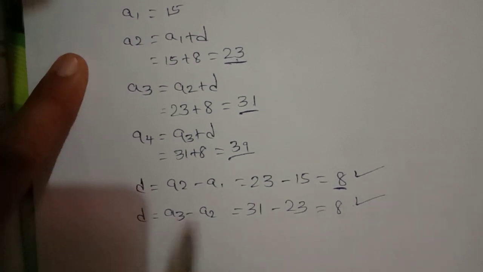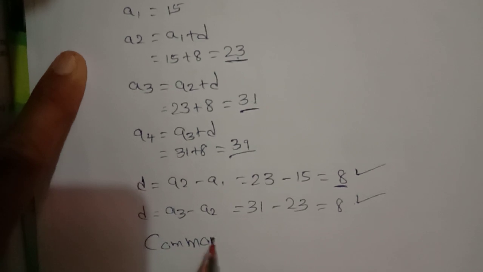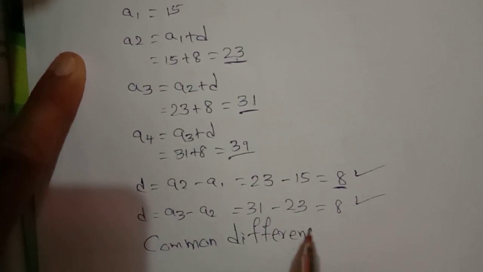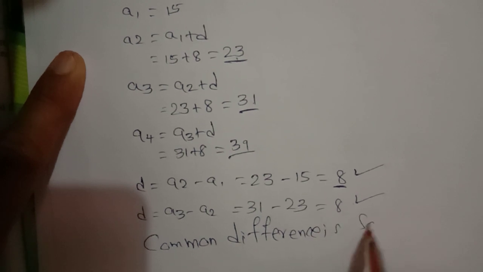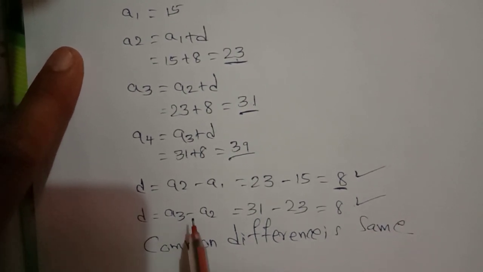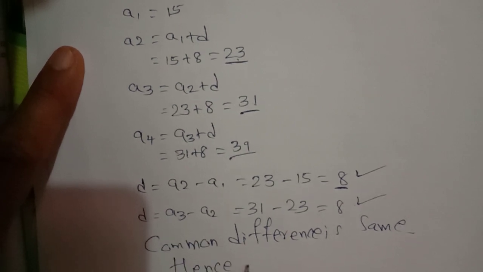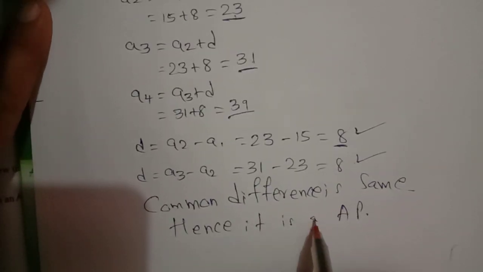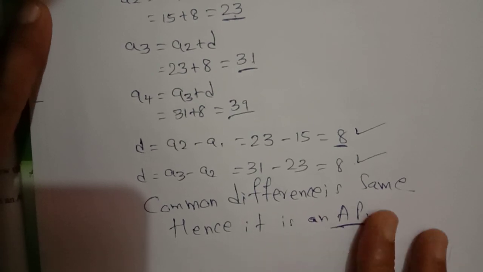So what we can say, the common difference is the same. Okay, so if the common difference is the same, what we can say is that hence it is an AP. So we can say it is an AP.